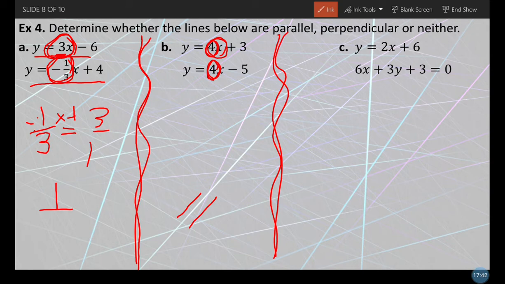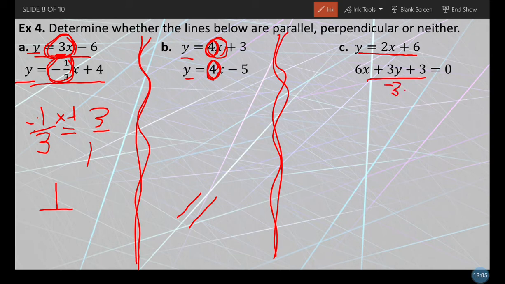Next one. C, y equals 2x plus 6, and 6x plus 3y plus 3 equals 0. Now, I can't tell here, because the second equation doesn't have y by itself. This first one is in slope-intercept form, and this is in general form, which we'll talk about later. But I need y to be by itself before I can compare the slopes.